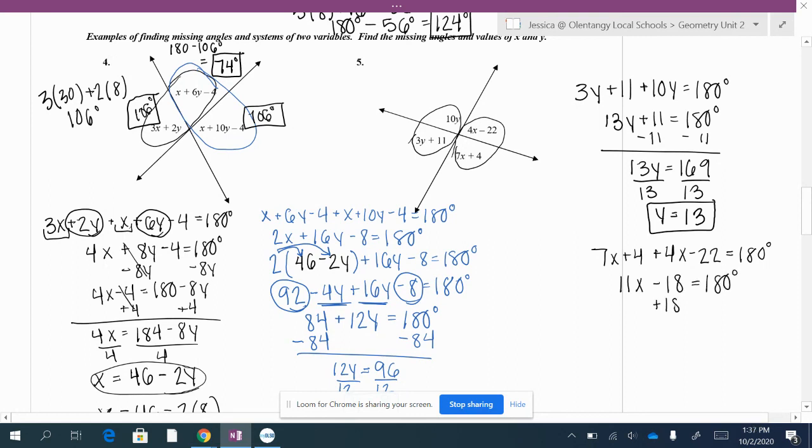Add 18 to both sides. 11x is equal to 198, divided by 11, and x is equal to 18.